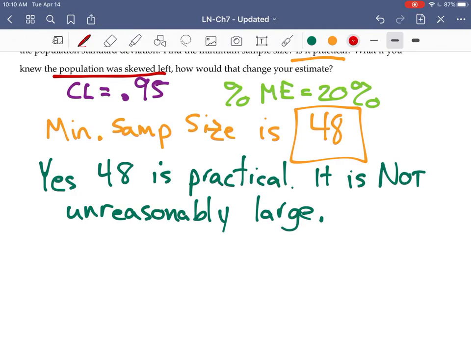So remember, for standard deviations, if we're trying to construct a confidence interval in order to estimate a standard deviation, the initial population has to be normally distributed, no matter what the sample size is. So if that population was skewed left, then the values we got are meaningless.